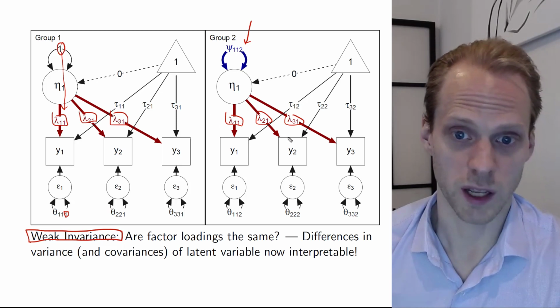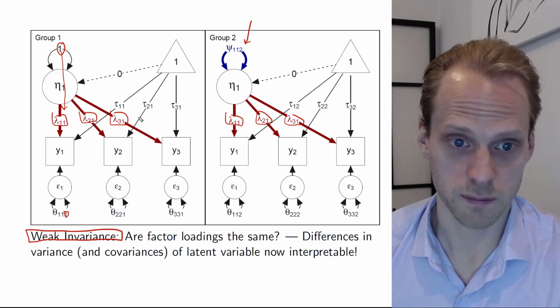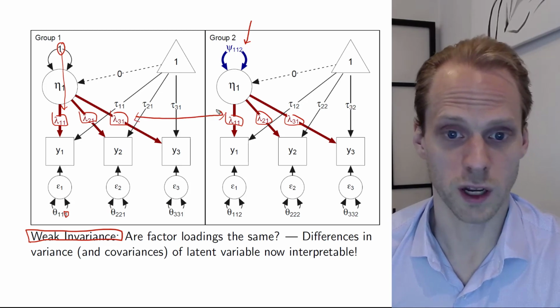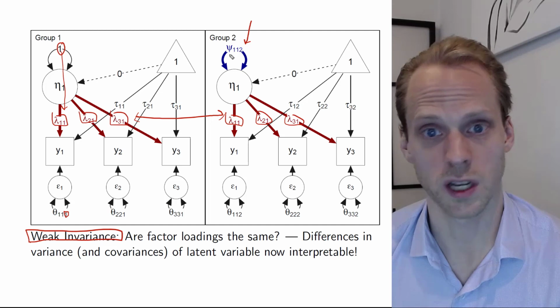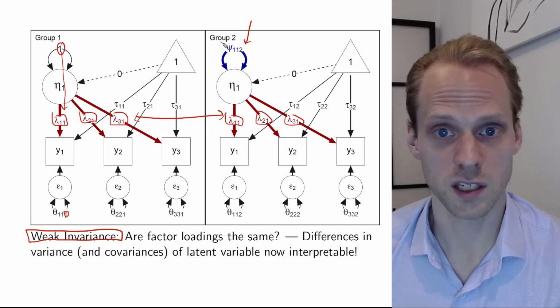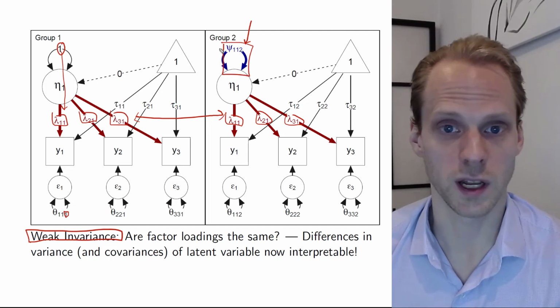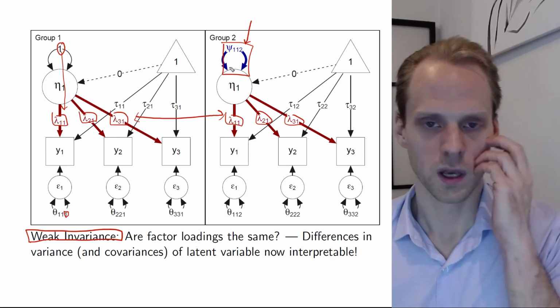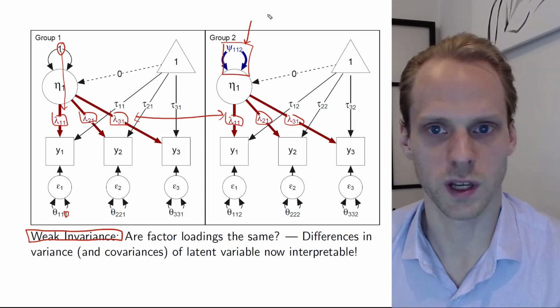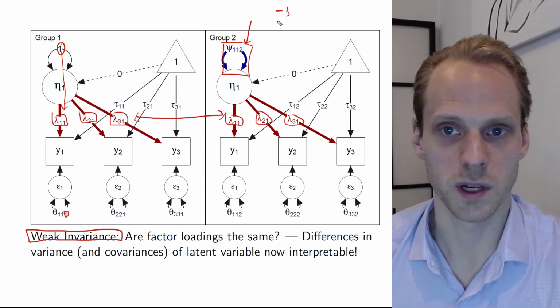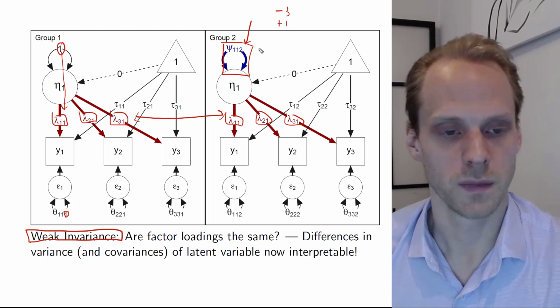And because of that, lambda in group 2 model, because it's the same lambda, also cannot arbitrarily become bigger or smaller and compensate for a difference in psi. And then this residual latent variance is identified. So we add this to the model. So we have minus 3 parameters in this case, but plus 1.